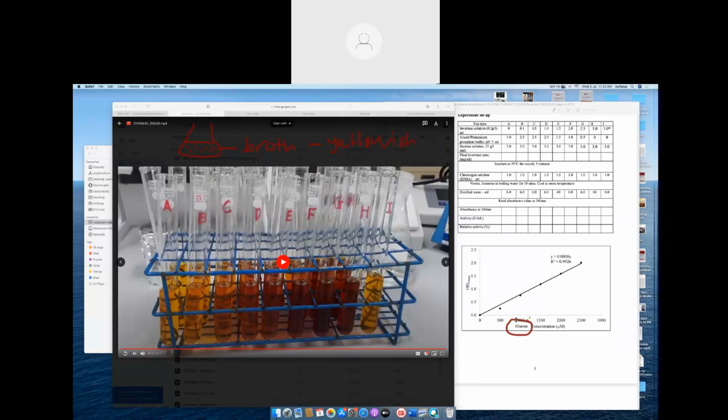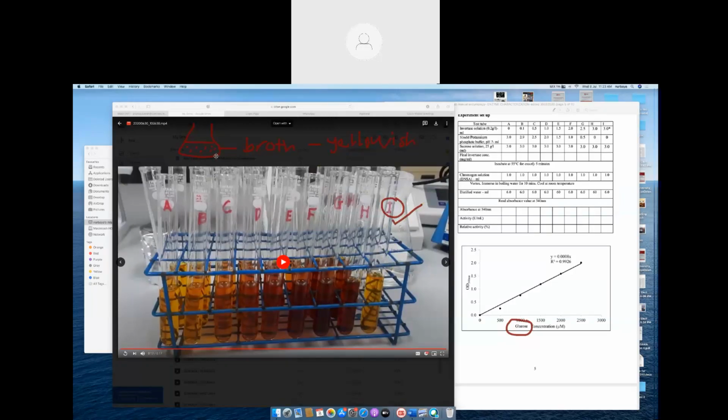Okay, so because of that, sometimes we need to use tube I as the good control. This is a really good control. Why here? Because from the broth where you have your culture inside, you will need to kill first.